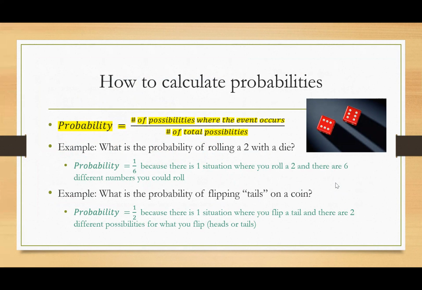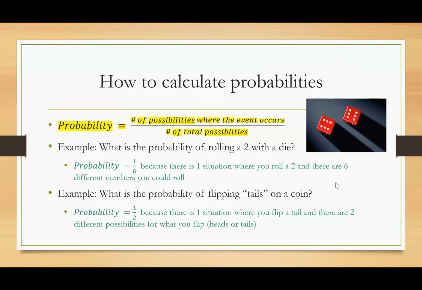And so if we're looking for the probability of rolling a 2 with a single die, that would be calculated as taking 1 divided by 6. Because there's only one possibility where we roll a 2. There's only 1 2 on the die. And how many total possibilities are there? 6, because there's 6 sides of the dice. So that means there's a 1 in 6 chance of rolling a 2 when you roll a die.